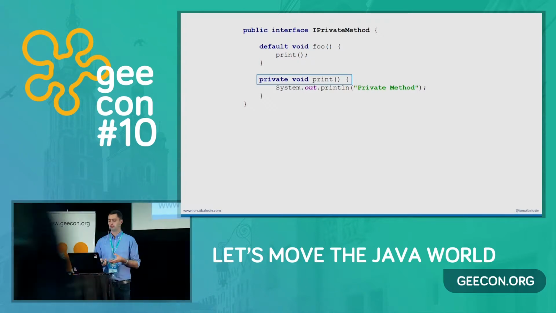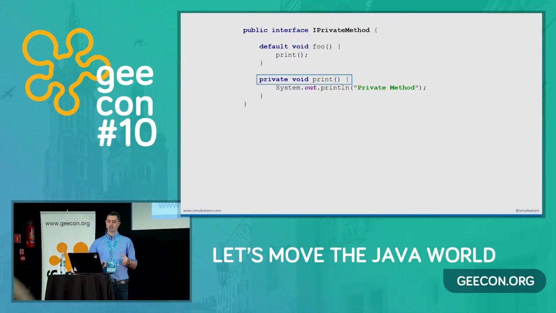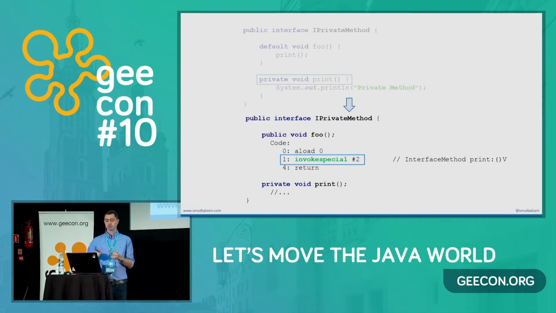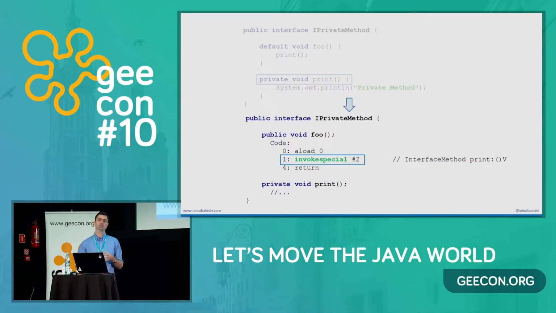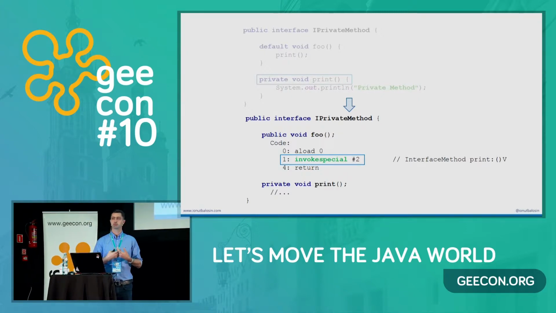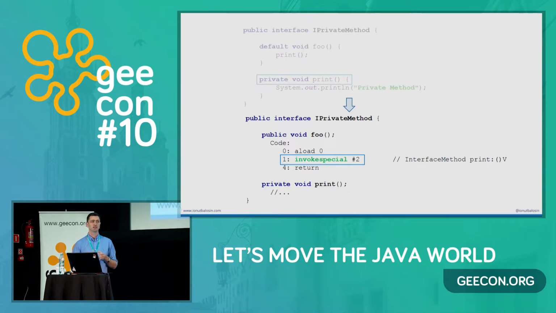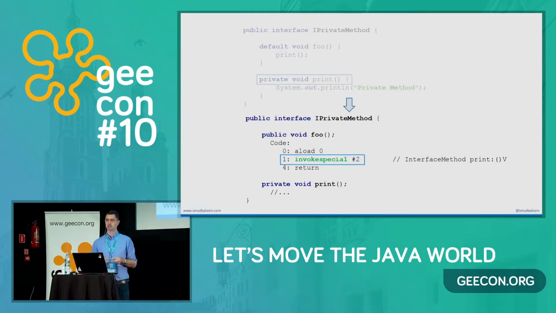If you compile this interface and decompile it, at the bytecode level there is the invokespecial opcode. The invokespecial opcode is a bytecode opcode that is also used to call, for example, private class methods. So there is nothing specific, no explicit behavior in terms of handling this private interface method.